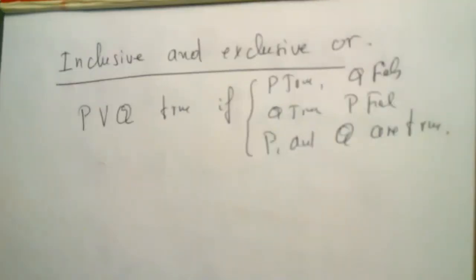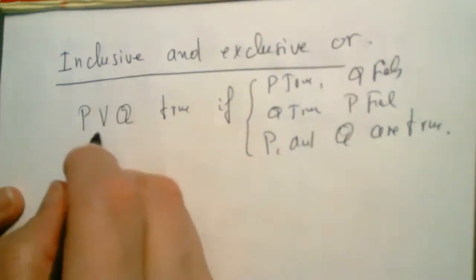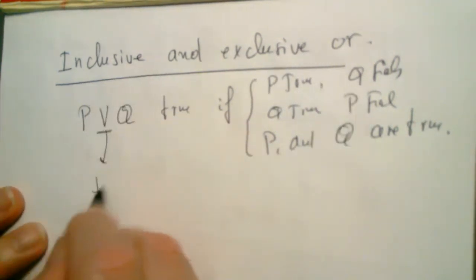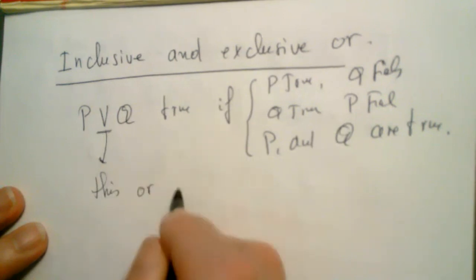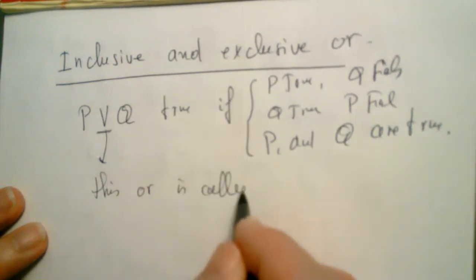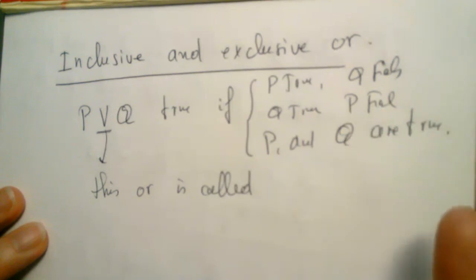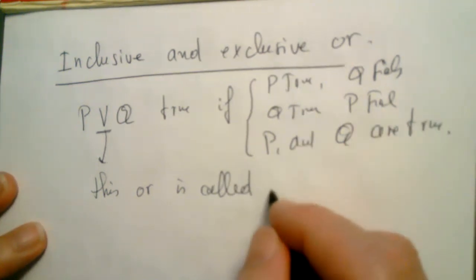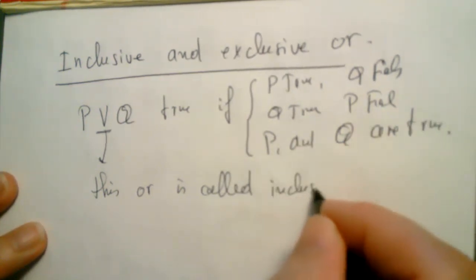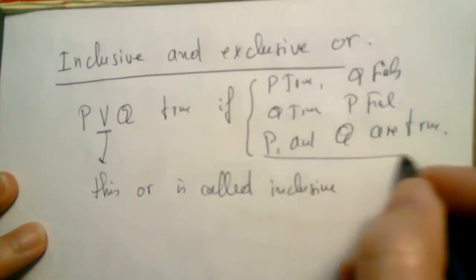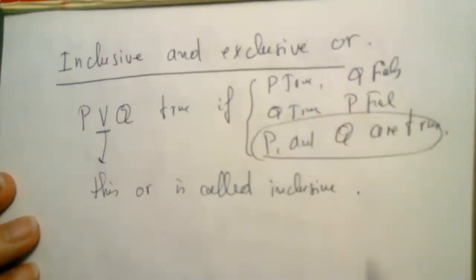So this OR that I defined is called the inclusive OR. Even though that's the OR we use in math, it is sometimes called inclusive OR. Inclusive means it contains the case where P and Q are both true.